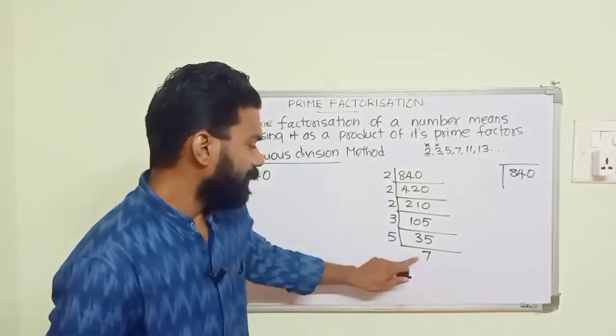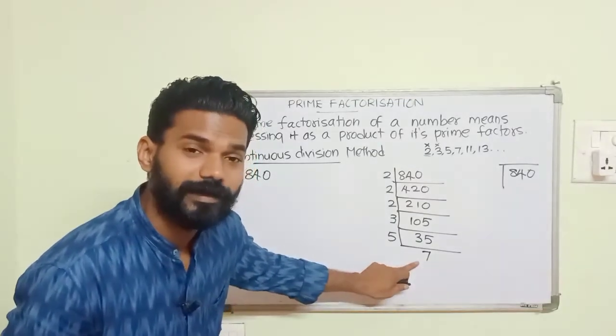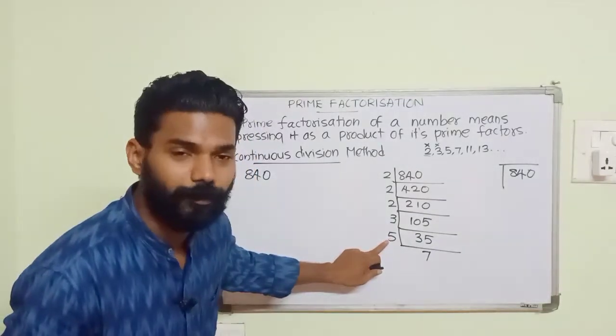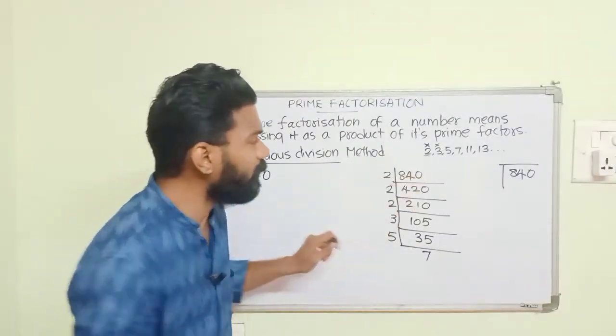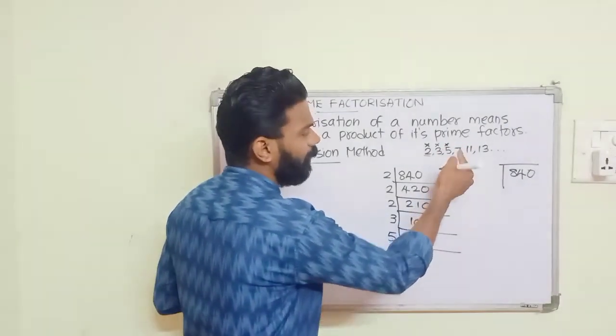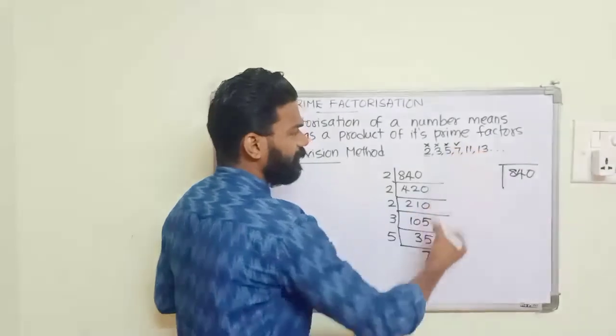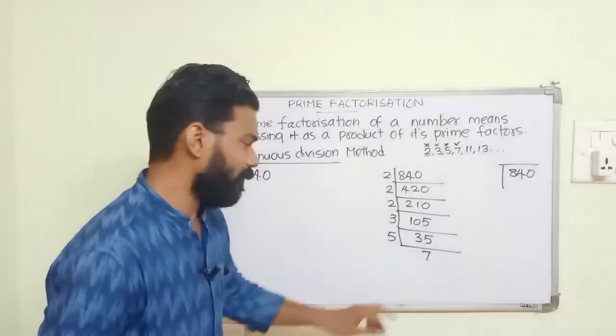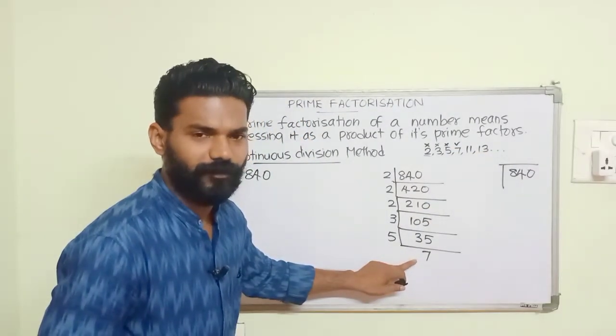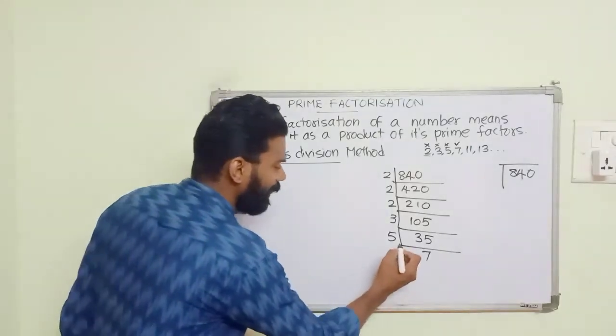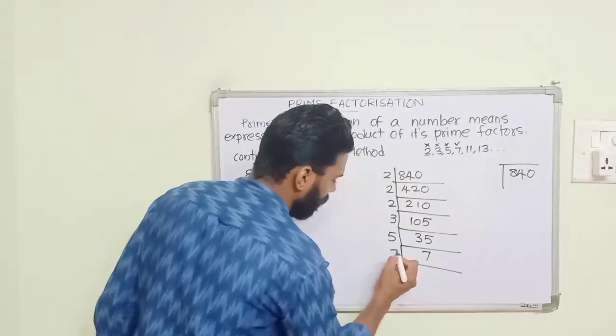Now this 7 is not further exactly divisible by 5. So we will check for the next prime number, and we got lucky. 7 is the next prime number, and we got 7 here itself. So definitely we can do the division by 7.